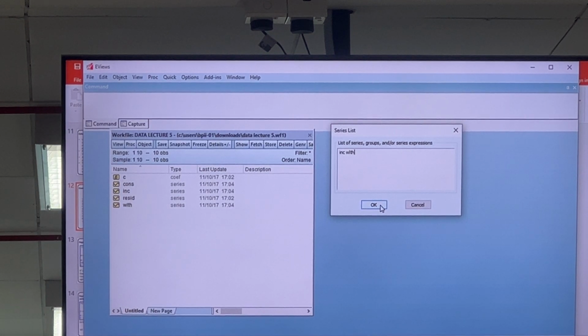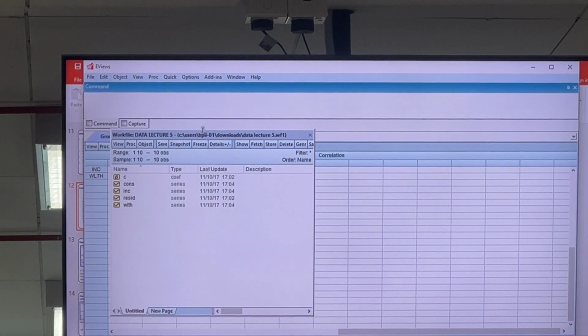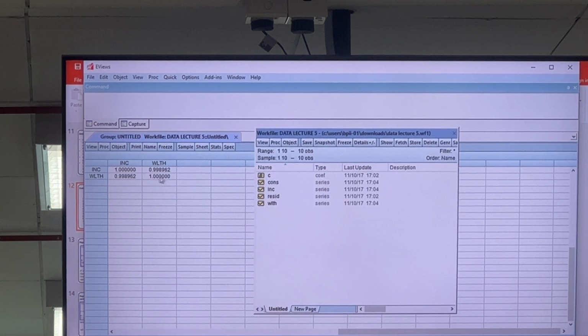Okay, then you get the correlation. This is what's called a cross correlation table. So the correlation between income and wealth is given here, 0.998962. So quite high.